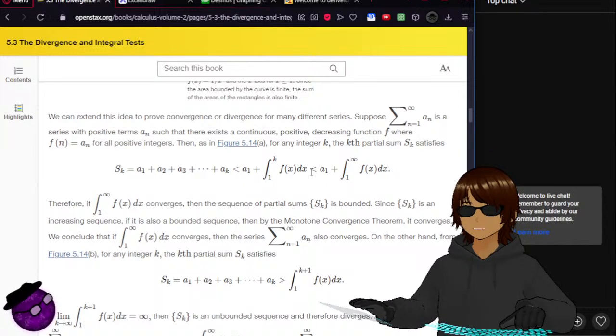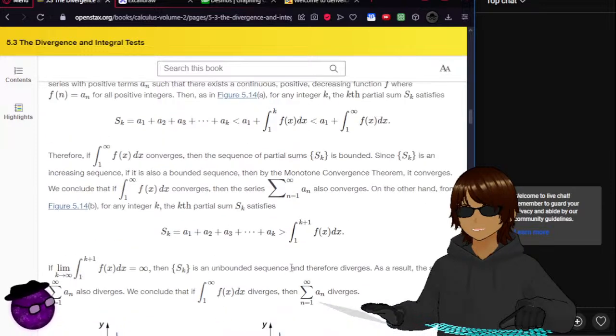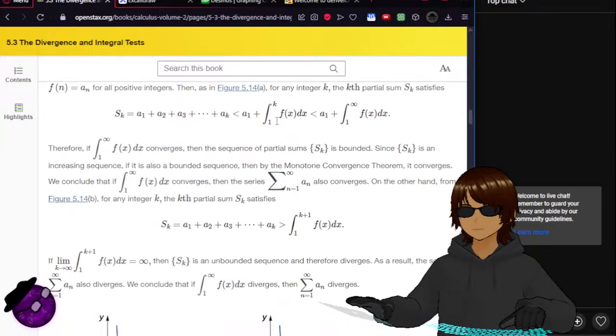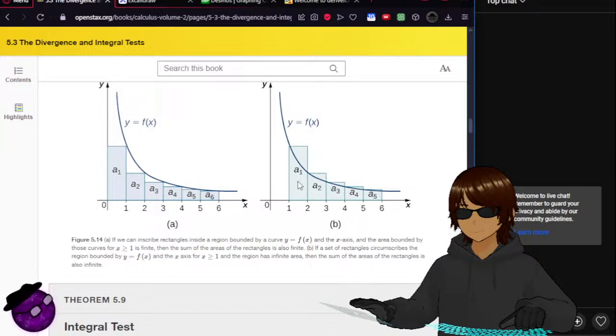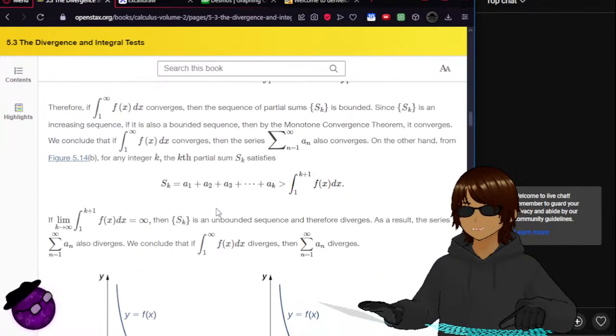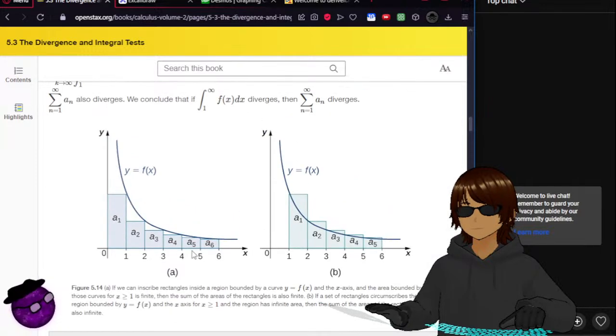A is from 1 to k. 1 to k plus 1, 1 to k. Okay, I think I understand. 1 to k plus a1.